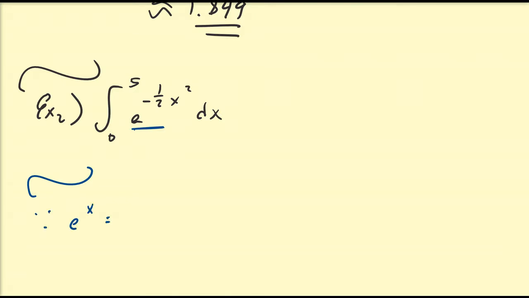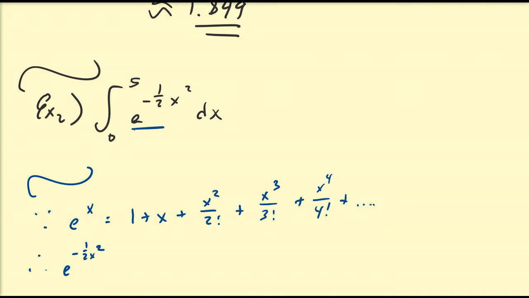So since e to the x is equal to 1 plus x plus x squared over 2 factorial plus x cubed over 3 factorial plus x to the 4 over 4 factorial plus and so on, then we have that e to the minus 1/2 x squared is obtained by pretty much replacing x with that expression.